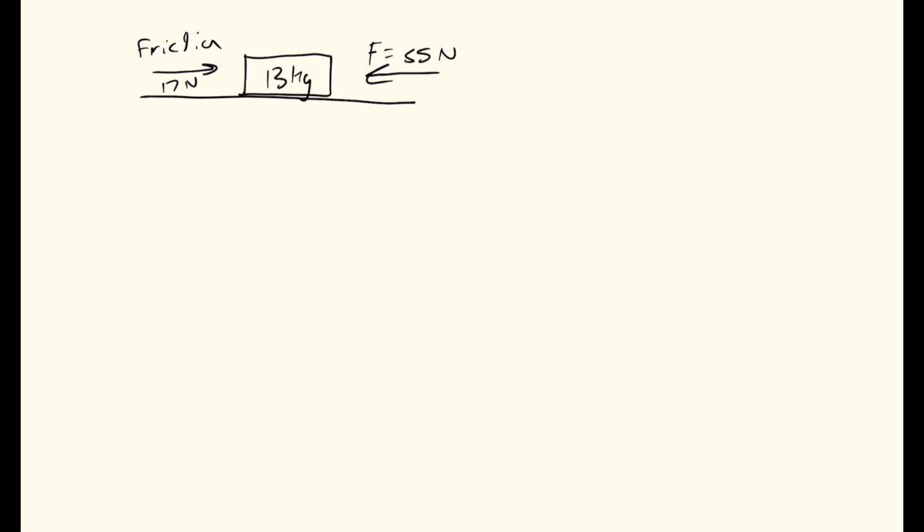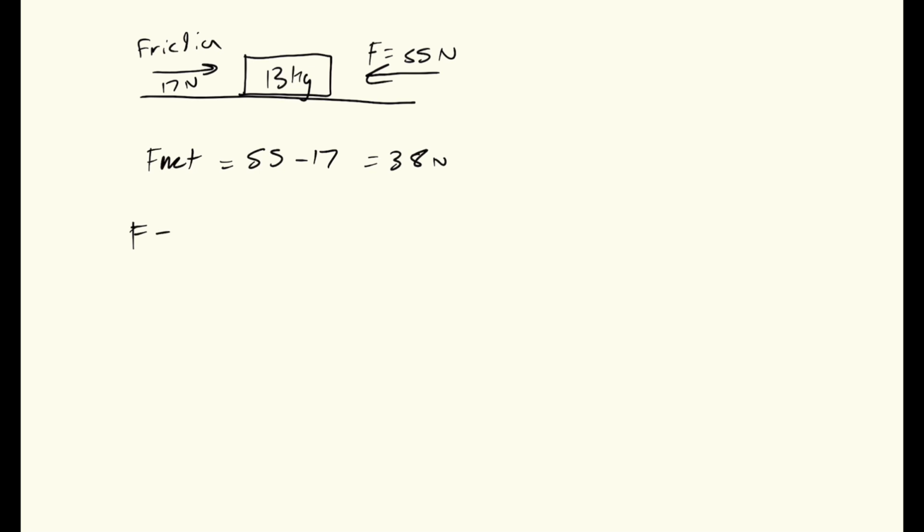So first, before we can plug this into the equation like the first problem, we have to find the net force. So F net is equal to 55 minus 17, which is equal to 38. So our net force is equal to 38 newtons. And then we can plug that into our equations.